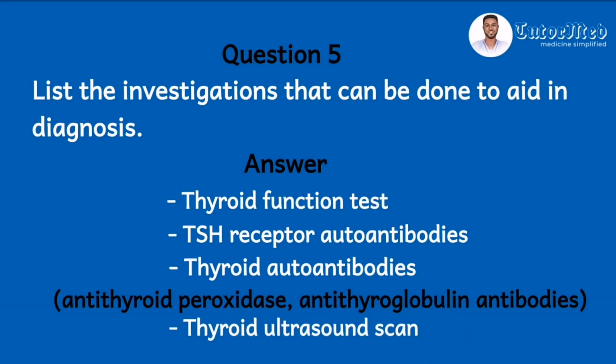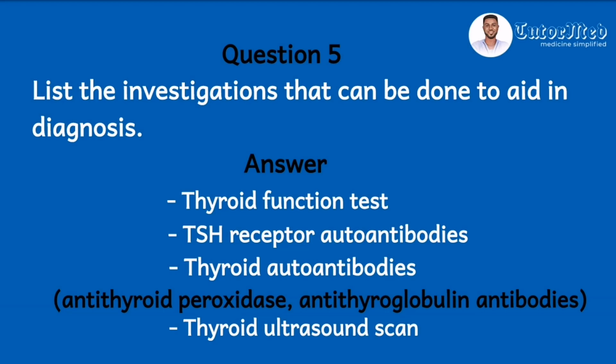When you couple the oxidized iodine to the thyroglobulin, that's why you say that you've organified the iodine. Please take note of that. Antibodies against the peroxidase enzyme and the thyroglobulin molecule can also be screened for, but they are not specific for Graves' disease like the TSH receptor autoantibodies.